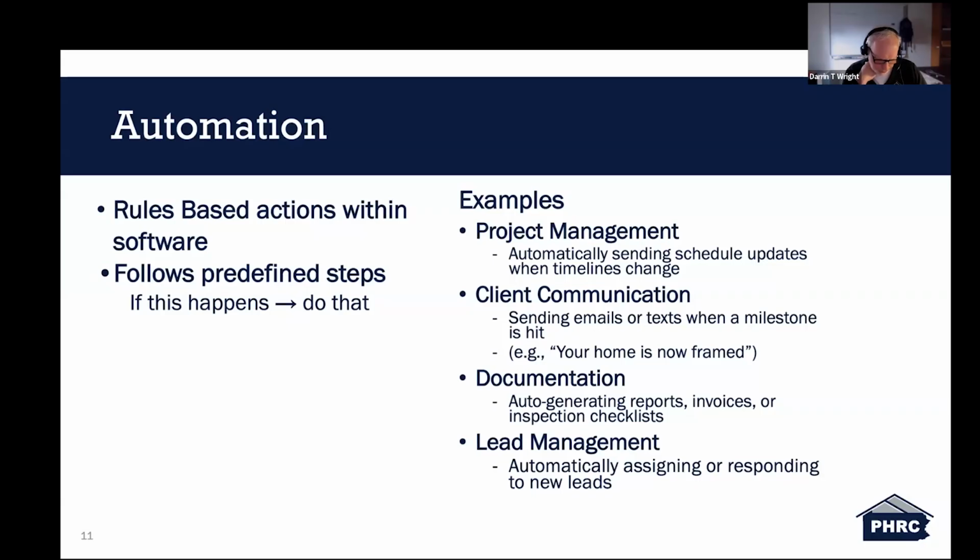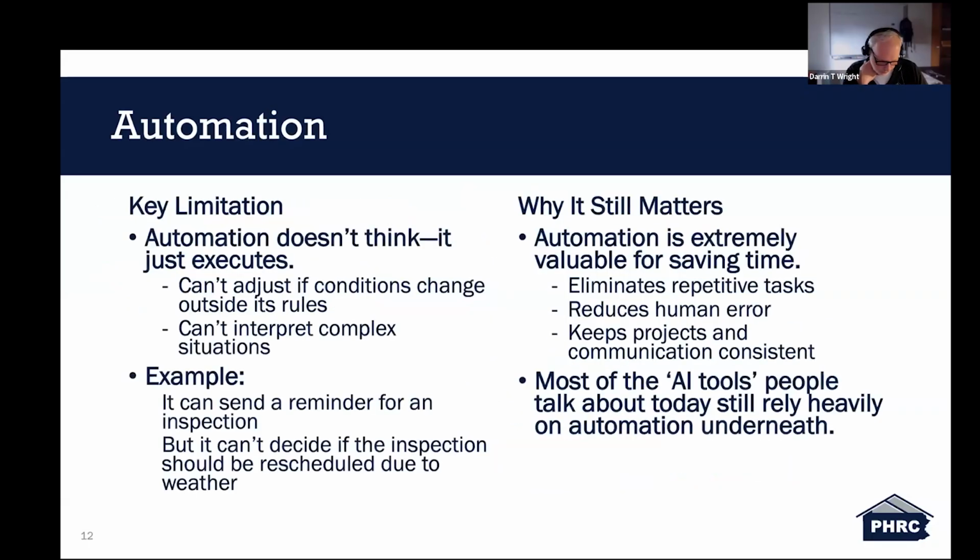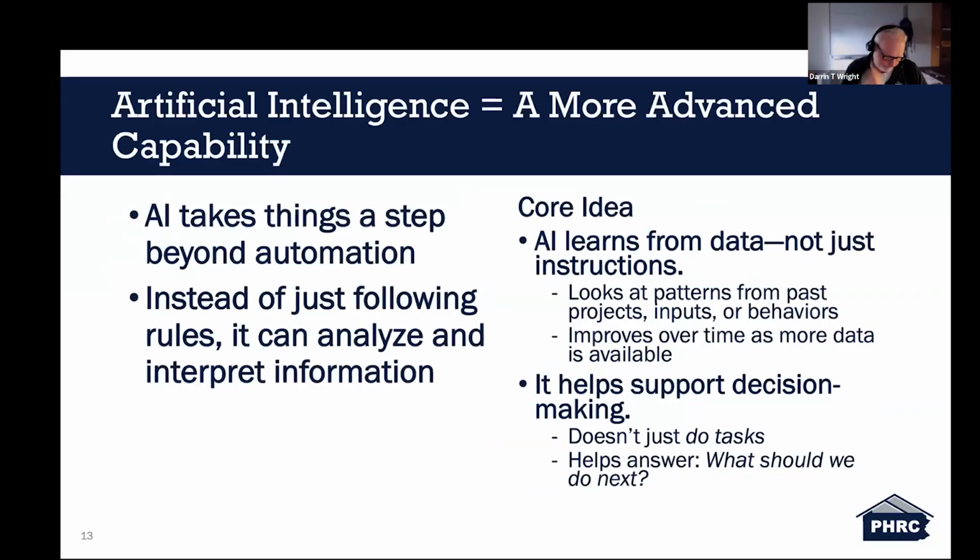Automation operates simply on logic. If one action occurs, then you have another action. It follows a predetermined path. This makes processes faster and more consistent, but limits your flexibility. It cannot evaluate conditions or make decisions beyond its programming, which is why more advanced tools like AI are becoming more valuable.